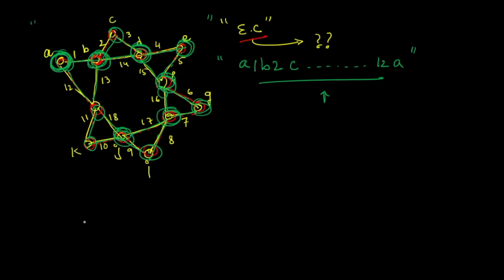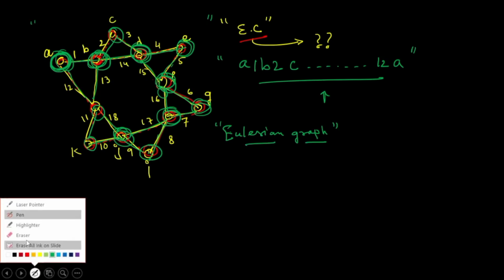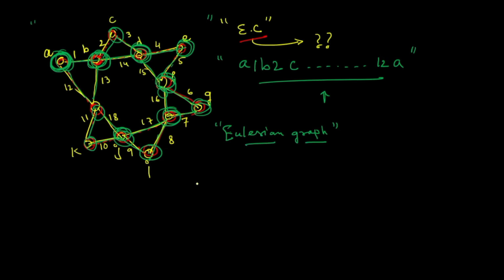Now what is a Eulerian graph? What is a Eulerian graph? A connected graph which contains a Eulerian circuit.